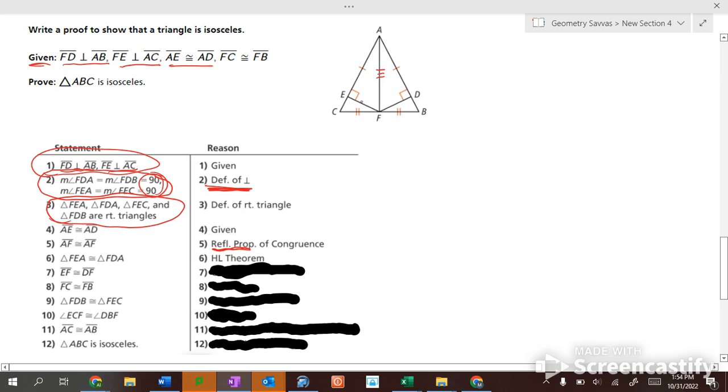Now, in the next step, they say EF is congruent to DF. Why is EF congruent to DF? Well, they're parts of two triangles that are congruent. What types of parts? They are corresponding parts of congruent triangles that are congruent.